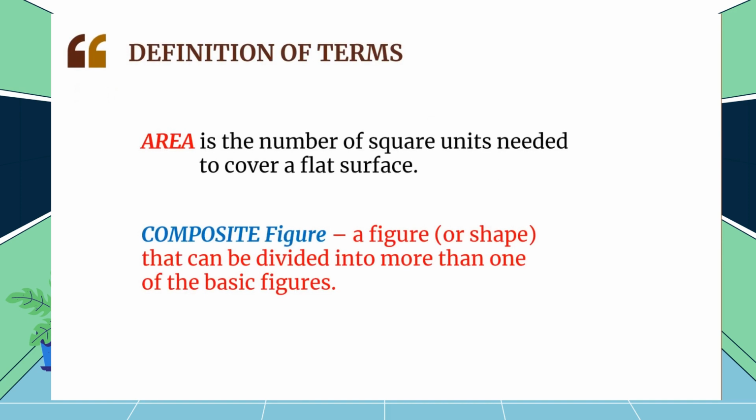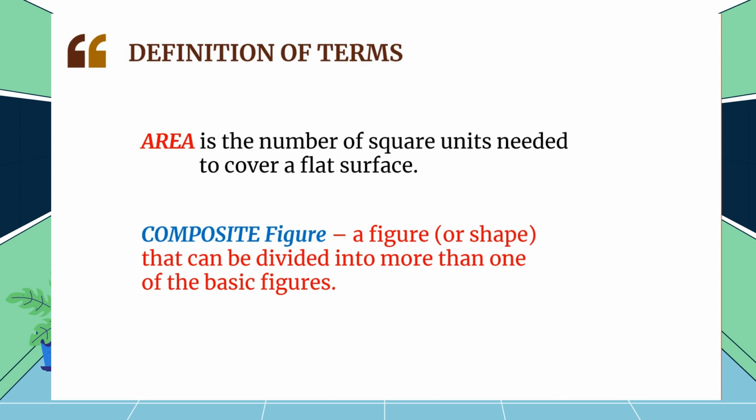At first, let us have the definition of terms. Nabanggit kanina ang area. What do you mean by area? When we say area, it is the number of square units needed to cover a flat surface. And aside from this term area, meron din tayong tinatawag na composite figure. What do you mean by composite figure?